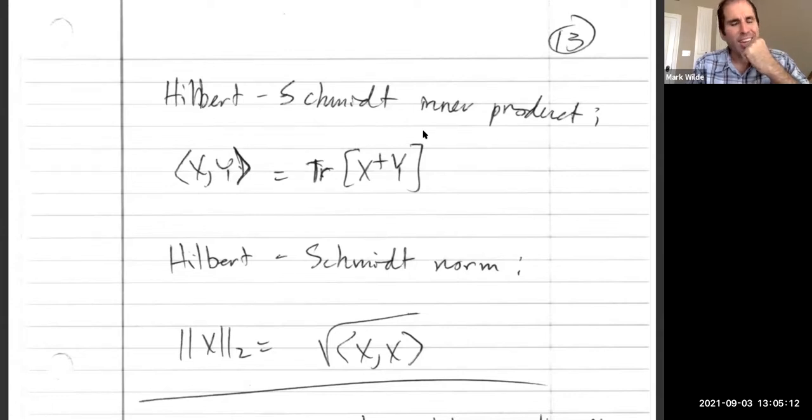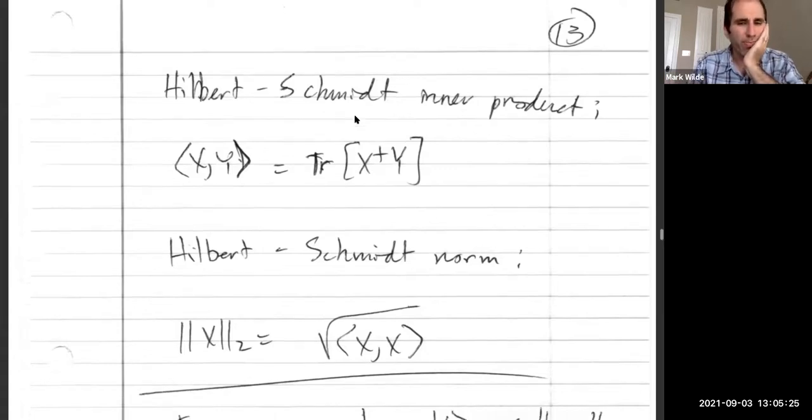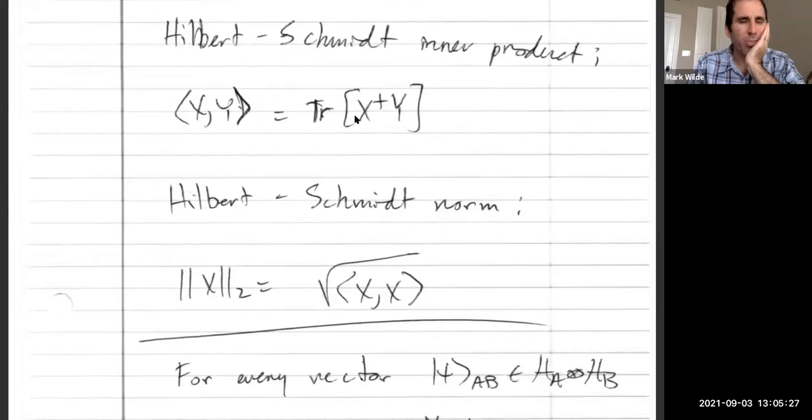Okay, and it's well defined if X and Y are both operators that go from Hilbert space A to Hilbert space B. So in some sense, they have to be comparable, just like vectors for which we take the inner product have to have the same dimension.